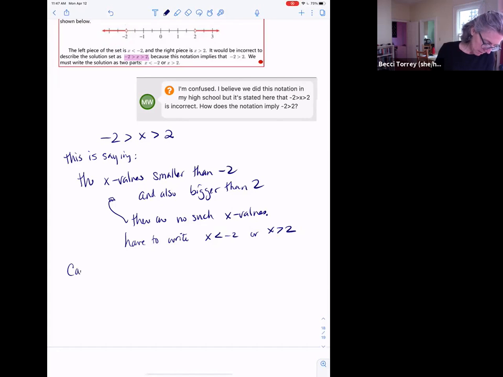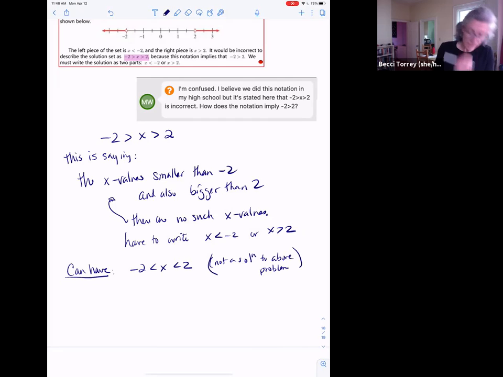We can have something like minus 2 less than x less than 2, which is not a solution to the above problem, but just another inequality. This inequality does have values that solve it.